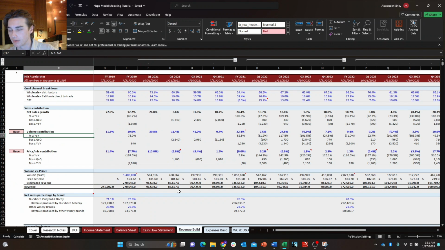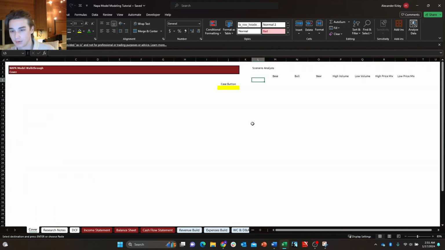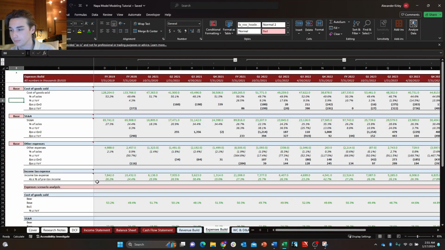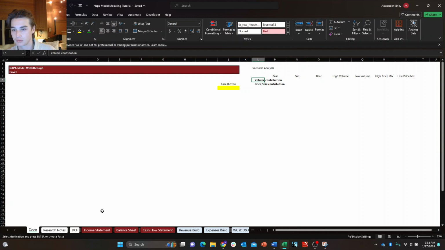I'll go down to my revenue build. I'll copy this and copy this, and then paste it. Excellent. Now I have the identical version of that, therefore it knows what to reference. Now in my expenses build, I'll do the exact same thing. I'll erase the formatting.